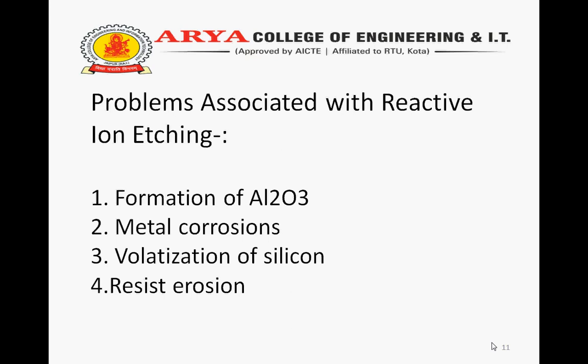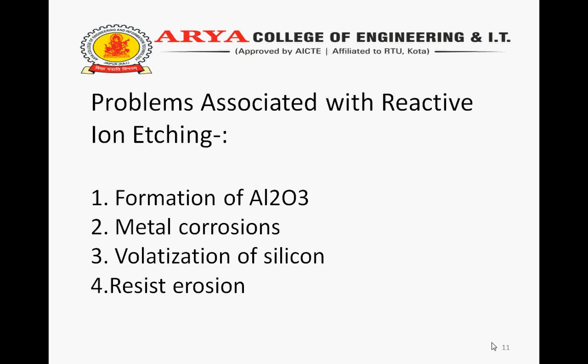Third is volatilization of silicon. Volatilization of silicon or copper additives to the metal is another problem associated with RIE. For etching these components, the use of superficial aluminum in the etch chamber to provide a sufficient amount of AlCl3 must be done.